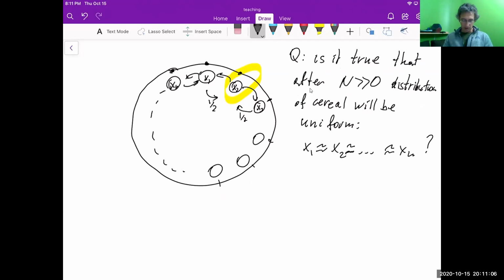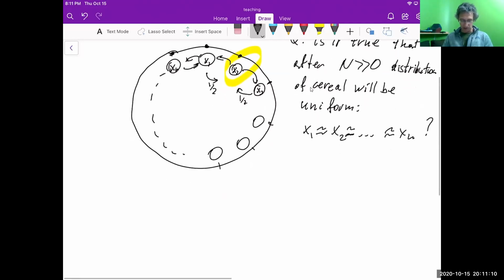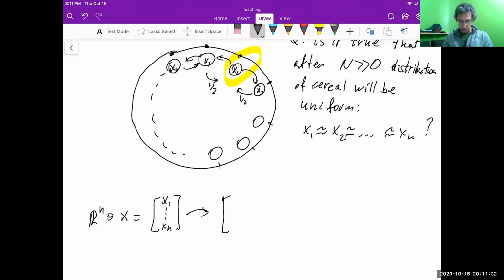At every moment, the distribution of the amounts of cereal can be described by some vector x in Rn. And this operation is some operation on Rn, namely it sends the vector x1 and so on to the following.